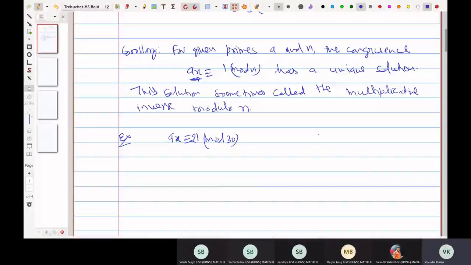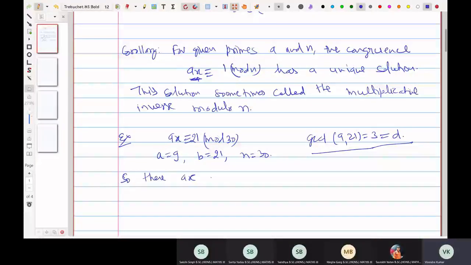Here the greatest common divisor of 9, 21 and 30 is 3, with A equals 9, B equals 21 and N equals 30. So here the value of D is 3.